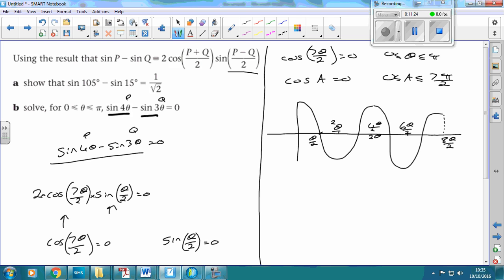That's theta, so that's 2 theta over 2. This one here is 3 theta over 2. This one here is 5 theta over 2. And this one here is 7 theta over 2. So where cos a equals 0, a equals theta over 2, 3 theta over 2, which is 5 theta over 2, and we've got this one here, which is 7 theta over 2.